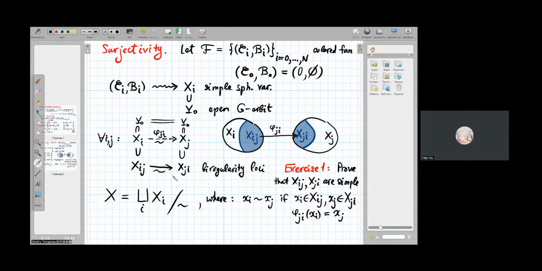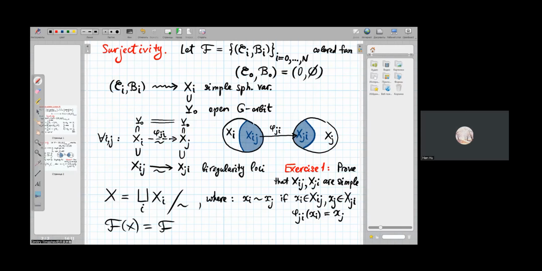Okay. So we have this big variety X equipped with the action of G, such that each of the Xi's is an affine open G-stable subset in X, and by construction we have that the fan of X is equal to the initial one which we started with.